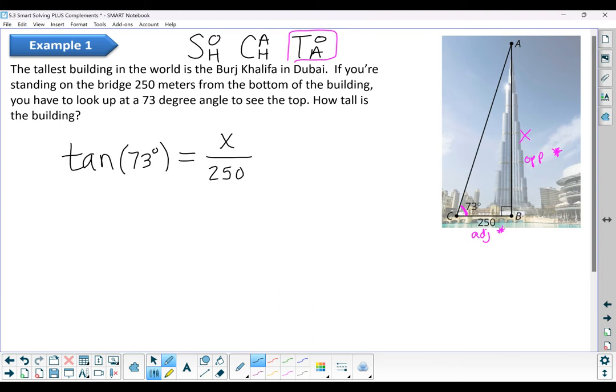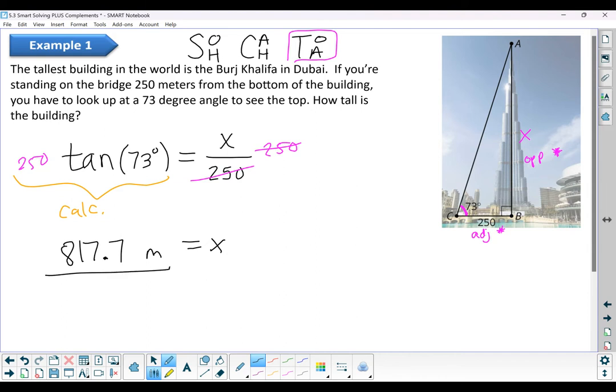To get that x by itself, we need to multiply both sides of our equation by 250. That one cancels out. So in our calculator, we can calculate 250 times the tangent of 73 degrees. So we get 817.7 meters is the height of that building.